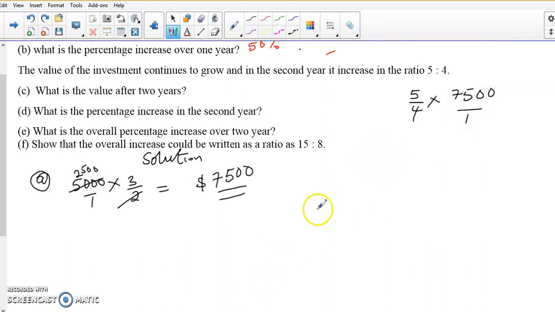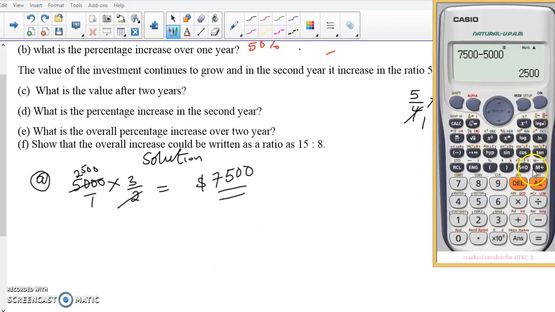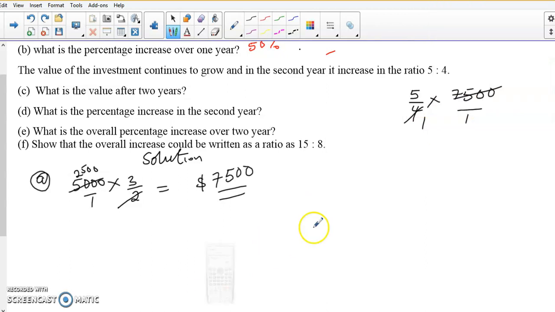Let me check. 4 into 7,500 gives 1,875, times it by 5. We have what? 9,375. So that gives us $9,375.